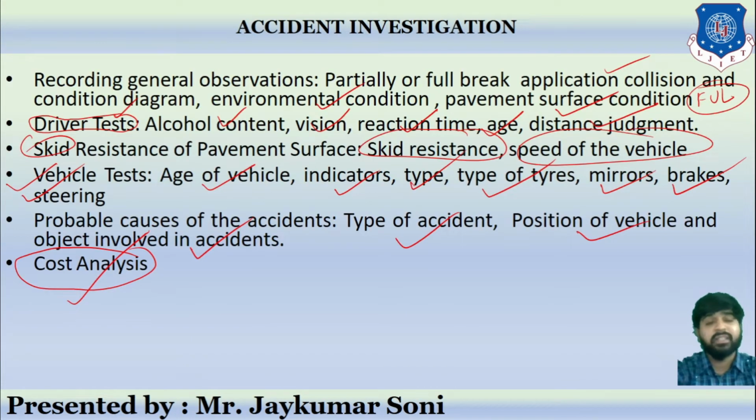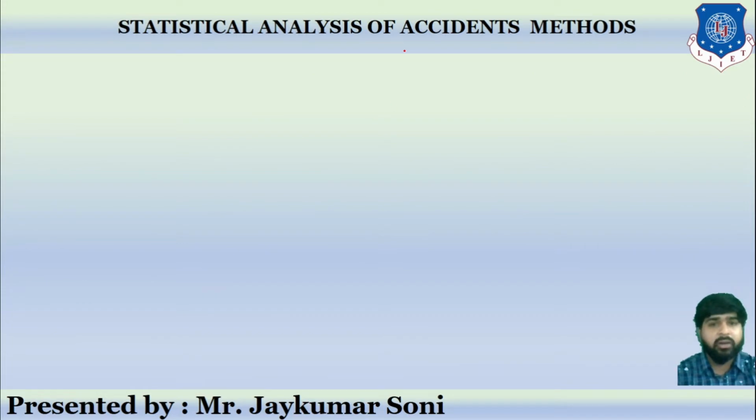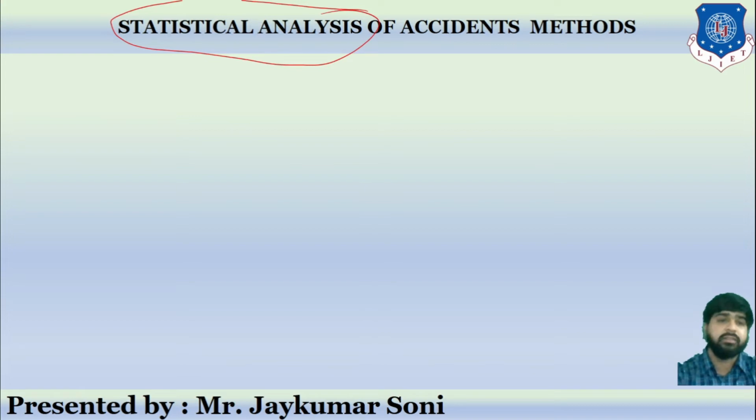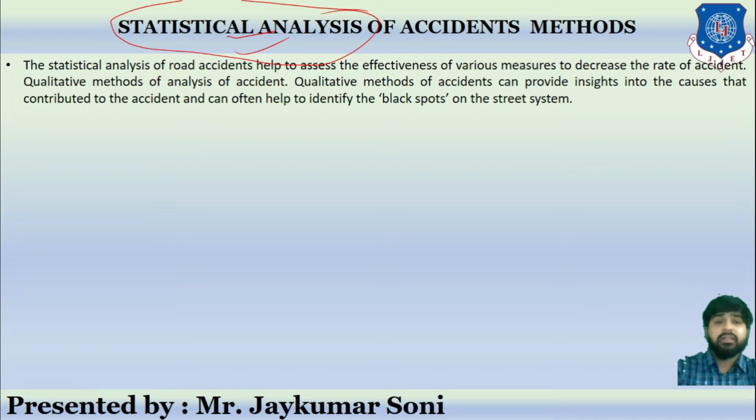Then once the investigation is done, there is the part of statistical analysis of accident methods. Now, statistical analysis means what? It means we will try to quantify the parameters that have contributed to the causation of accidents with the help of statistics. Let us read the statement that has been written.